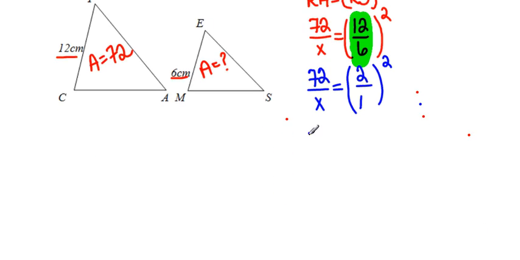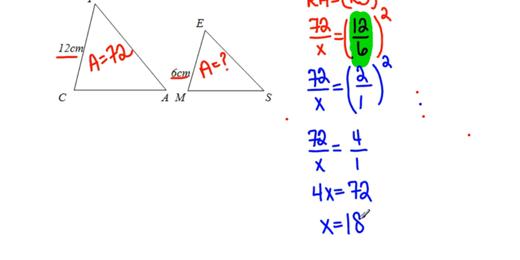So on the left, I still have that 72 is to x is equal to 4 is to 1. And now I can cross multiply. 4x is equal to 72. That's going to make the value of x equal to 18. So I know now that the area of my smaller triangle is 18 square centimeters.